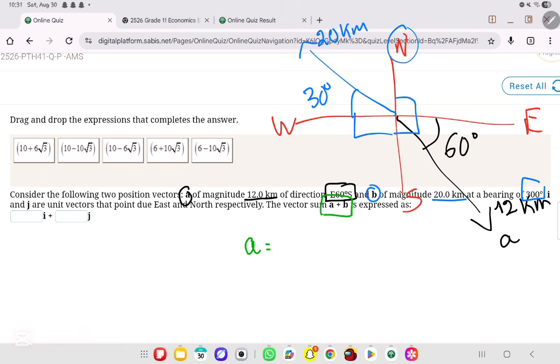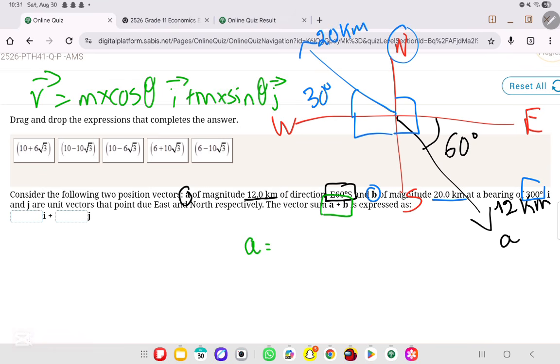We know that for any vector, let's call it vector v, the Cartesian is magnitude times cosine theta i plus magnitude times sine theta j, right? So for A, its magnitude is 12 kilometers times cosine theta. Let us find theta together.